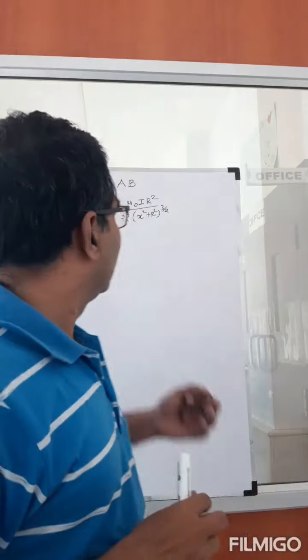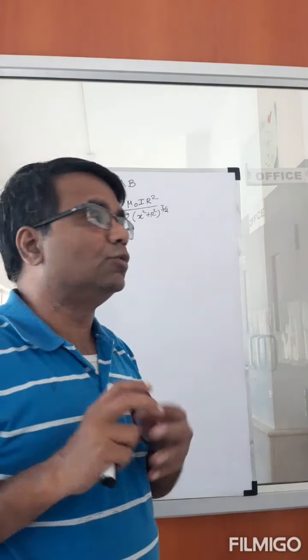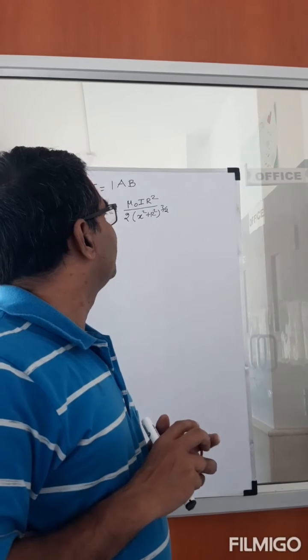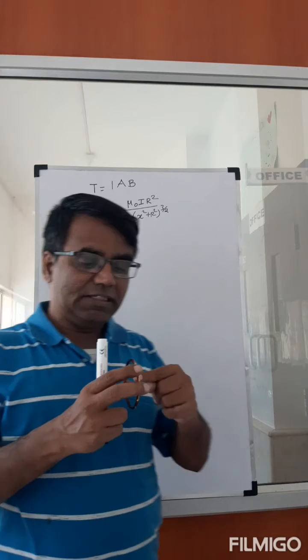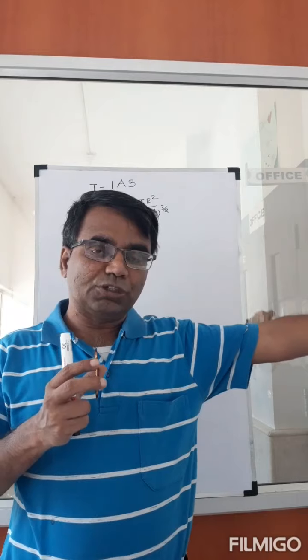So this is what we came across when we talked about the magnetic field set up by a current carrying circular loop. Okay, so x is the distance from the center of the circle to the point at which you are trying to find the magnetic field.